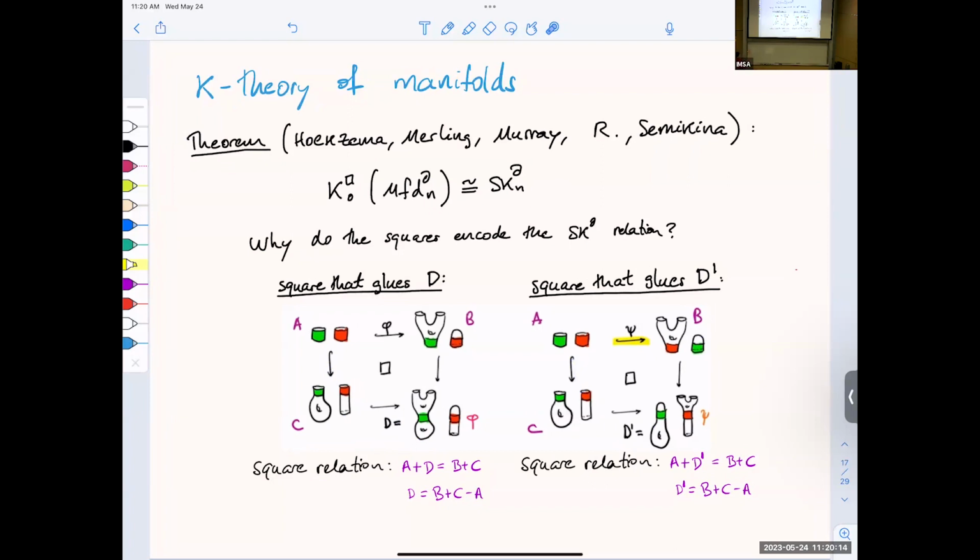But one difference you can note is that the way we are embedding our A into B is different. This is a game of spot the difference. So in the first one, the little green cube went into the first component, and the red went into the other component. And you see how psi is swapping the two components. So that's going to give me a different result when I glue.